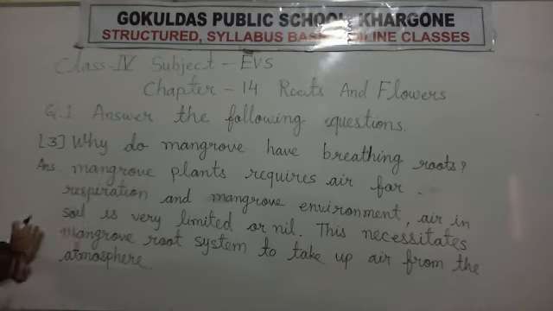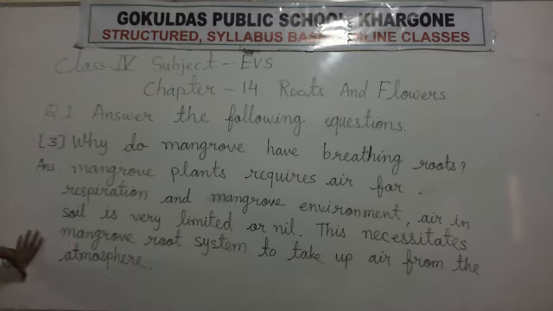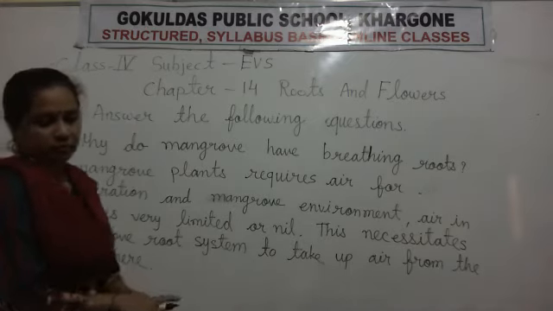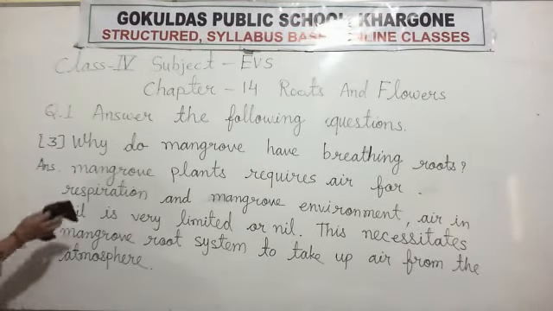Air in the soil is very limited. This necessitates the mangroves' root system to take up air from the atmosphere. Clear? Means these plants do not get air from the water. For that, the roots of these plants come out from the soil and breathe for the plant. Clear?